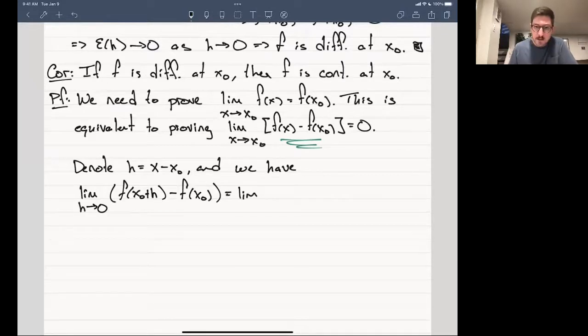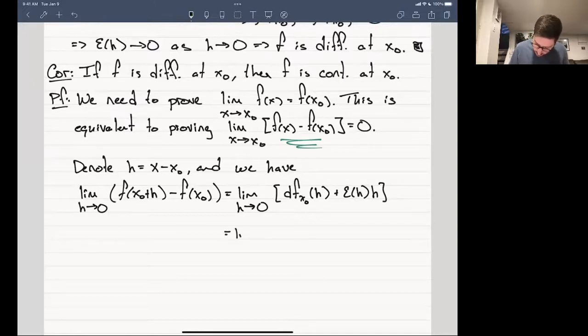Well, this is the same as the limit of h going to 0 of, now let's take a look at this. Let's use our differential notation now, df of x0 of h plus epsilon of h times h. And we have that this thing is equal to, let's use the proper definition, f prime of x0 plus epsilon of h.